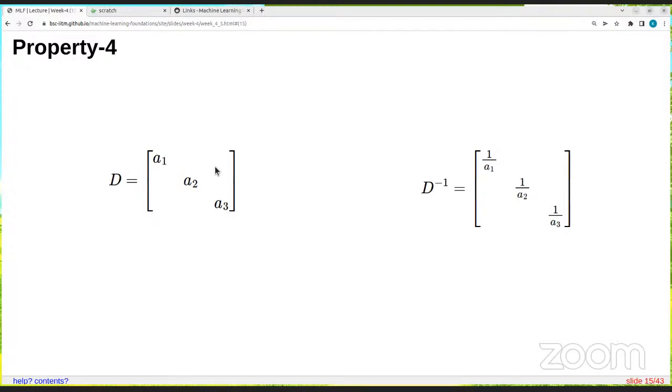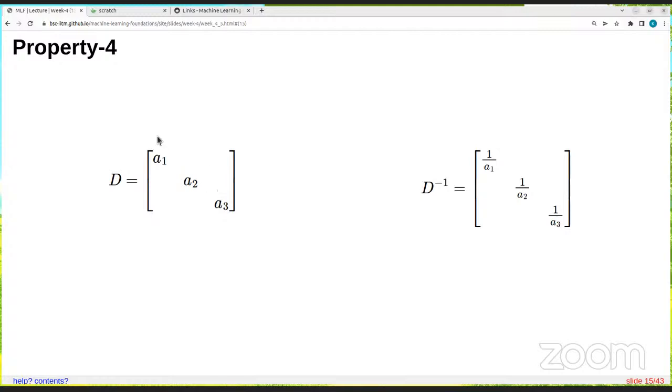So if you have a diagonal matrix, from a computational standpoint, what is the complexity of this operation? Assuming some of you have done PDSA, if you have an n by n matrix, what would be the complexity of an algorithm that you would write to compute the inverse of a diagonal matrix? N square, maybe.